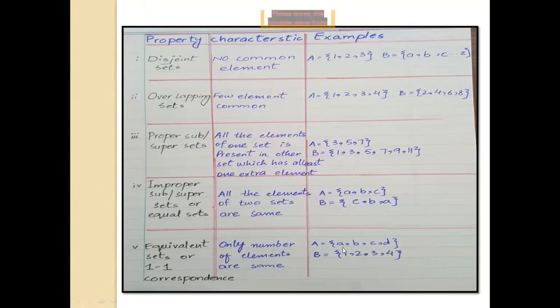For example, A contains 4 elements, 1, 2, 3, 4, and B also contains 4 elements. Only the number of elements is the same. Elements are different, but only the quantity, amount, and number of elements are the same. So these are the properties of sets.